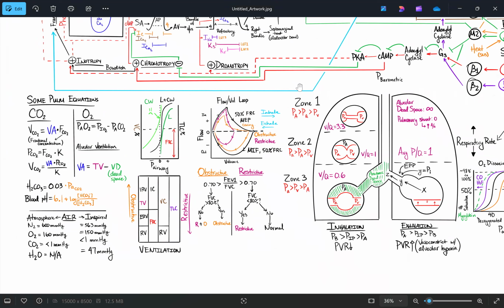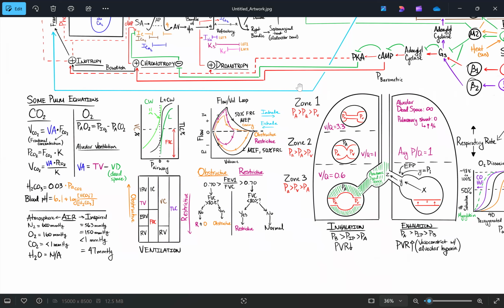50% of your functional residual capacity will equal what was mean expiratory force. So when you reach 50% functional residual capacity, that's going to be the average of the... Sorry, my bad.